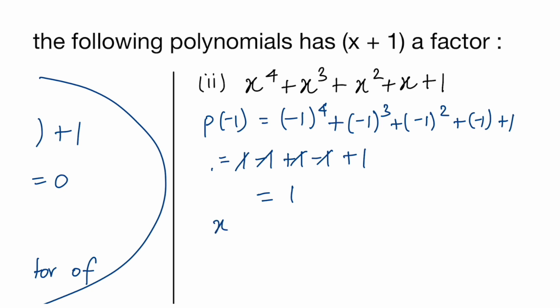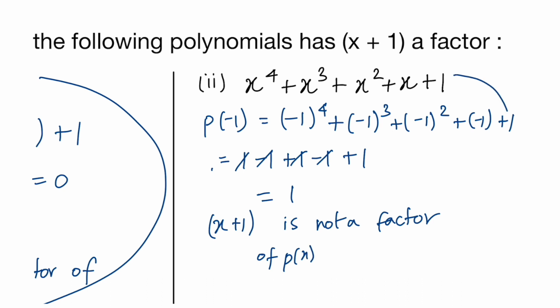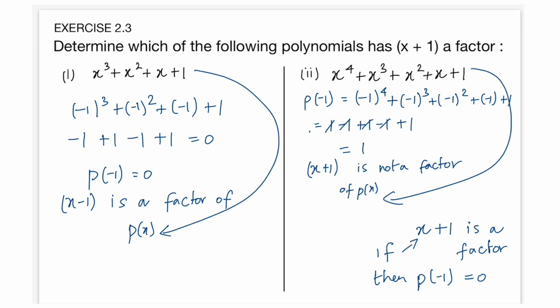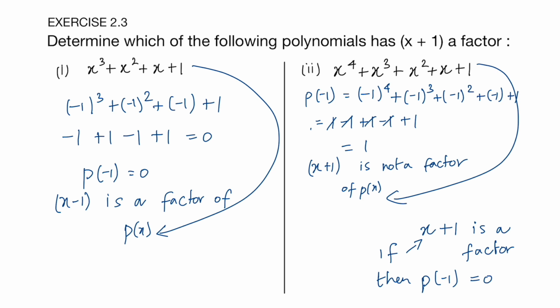So x plus 1 is not a factor for this polynomial. Sorry, I think I have written x minus 1 here. It should be x plus 1. So x plus 1 is not a factor for this polynomial.